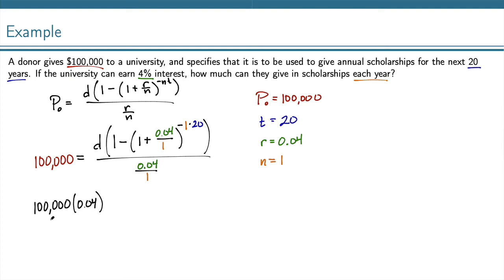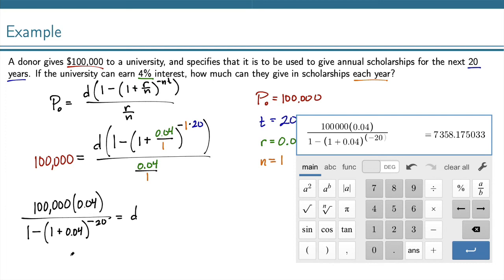So that's why we're multiplying by that. And then we're going to divide this by this big expression right here to get that away from the D. So we divide by 1 minus 1 plus, and again 0.04 over 1 is just 0.04, to the negative 1 times 20 is 20. And now we're ready to plug this into our calculator.